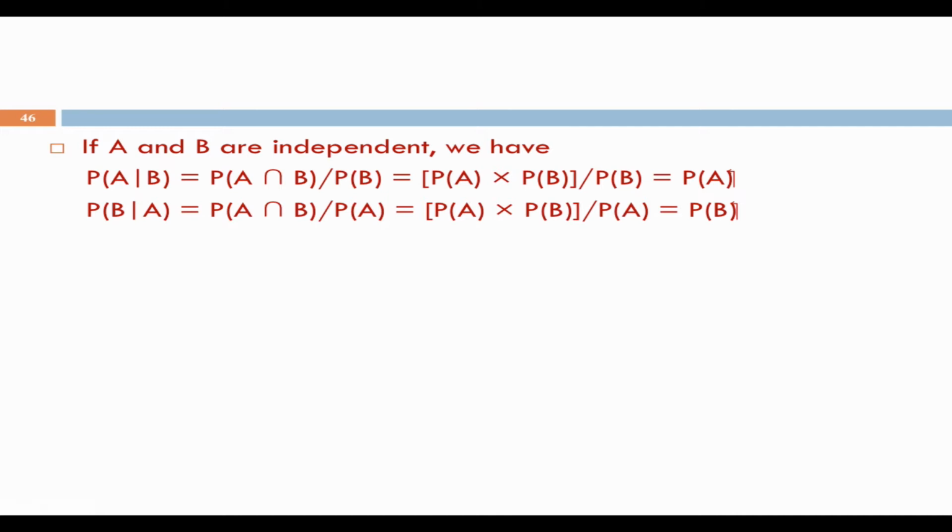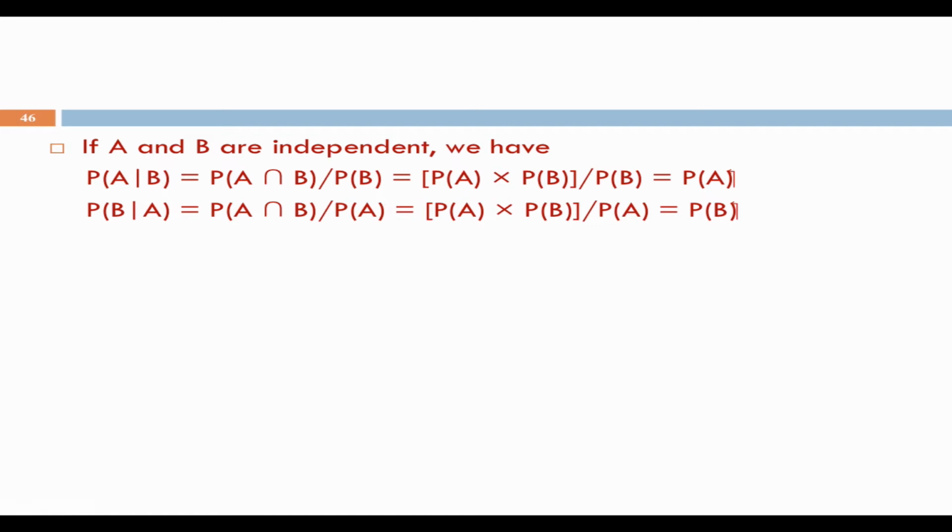So, what if they are independent? What I just said actually is a general case. You don't really know whether they're dependent or not. If they are independent, the probability of A conditional on B is, like we said, the probability of the intersection over the probability of B, the conditional event.